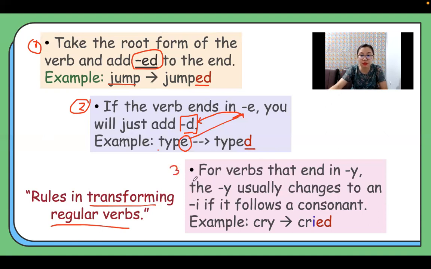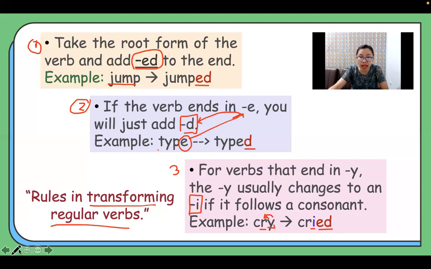Now, the third rule is that for verbs that end in y, the y usually changes to an i if it follows a consonant. We have vowels and consonants. Vowels are a, e, i, o, u. If a y follows a consonant letter, not a, e, i, o, or u, those are consonant letters, then we change y into i and then add ed.